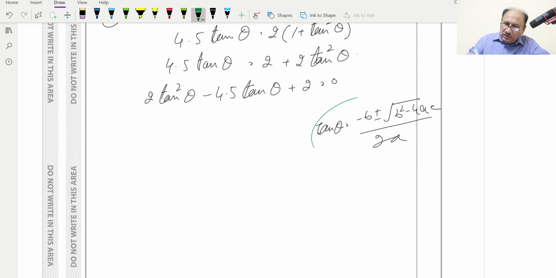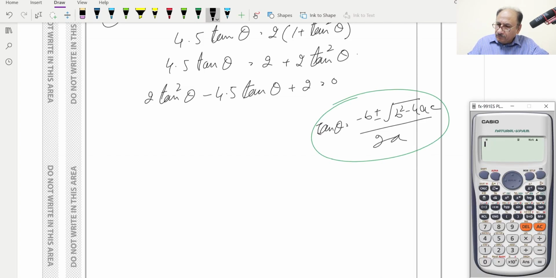This formula we can apply, or we can use the calculator method, which is mode 5 3, and the coefficients of tan square are 2, minus 4.5 and 2.